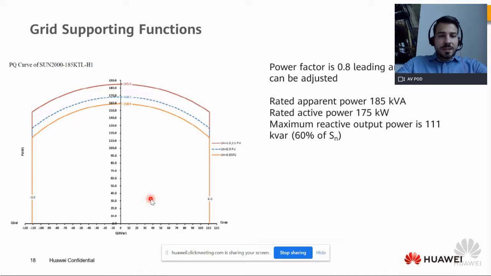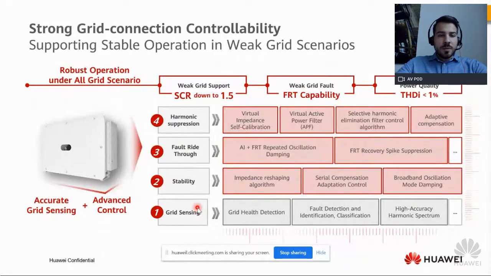So these functions which are included in the inverter, it has an advanced algorithm to control and to sense what is happening in the grid. So in case it detects some fault, it has the capability and the ability to ride through the fault and to support the grid. It has total harmonic distortion below 1%.